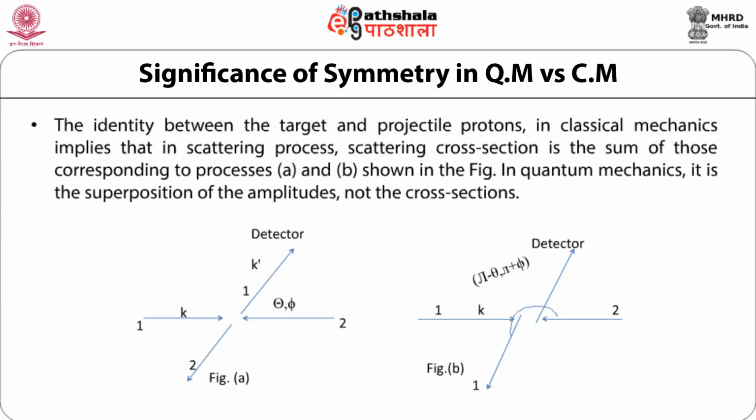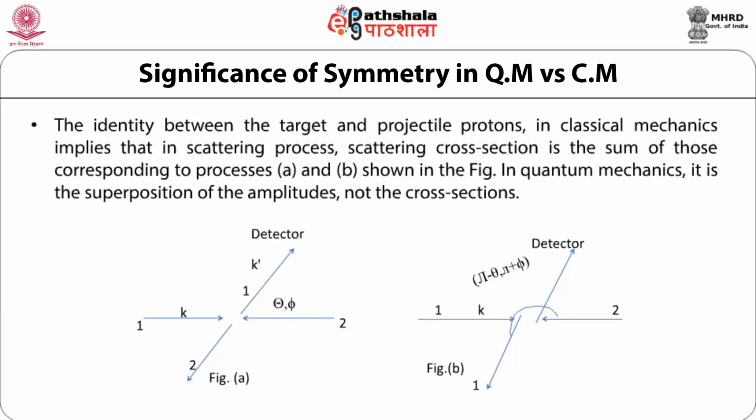Now in figure 2 we can also explain this another way, that the proton 2 and the proton 1 act either as target or projectile and get scattered. In this case, the proton 1 having initial wave vector k gets scattered with the wave vector k prime, while the proton 2 gets scattered in the other direction towards the detector.